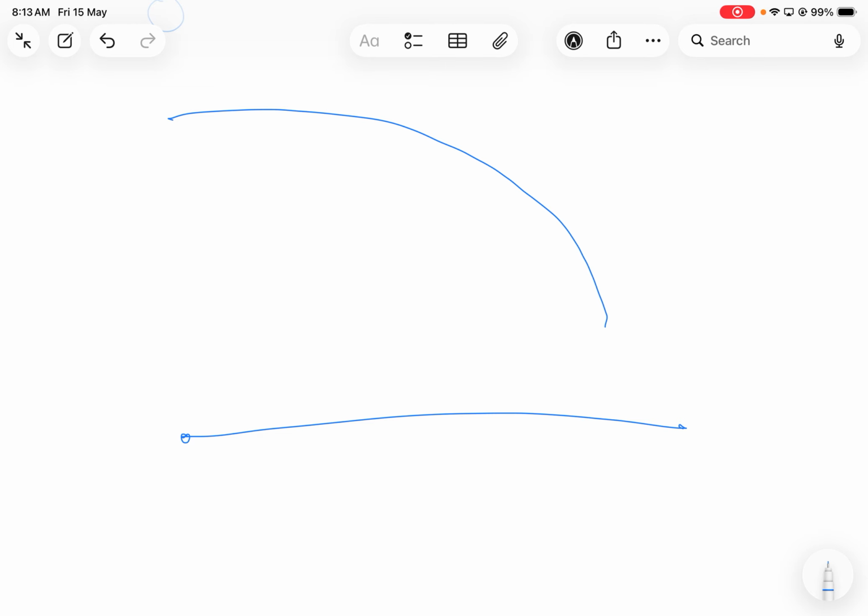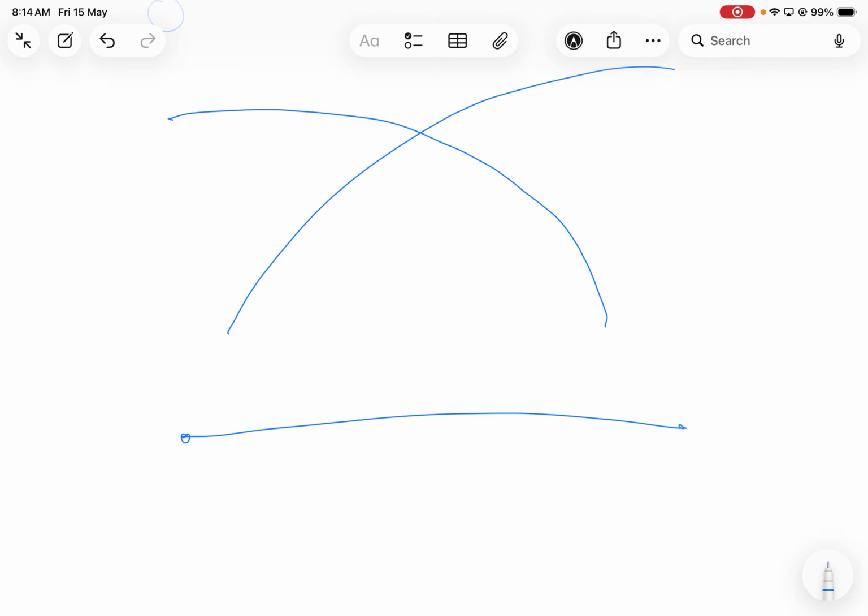If now I keep the distance on the compass the same, I put the center on this part. Then again I draw another arc. Every point on this arc is the same distance from here.